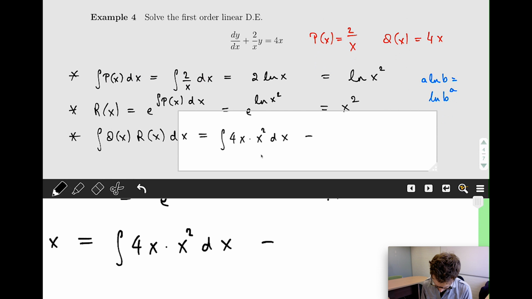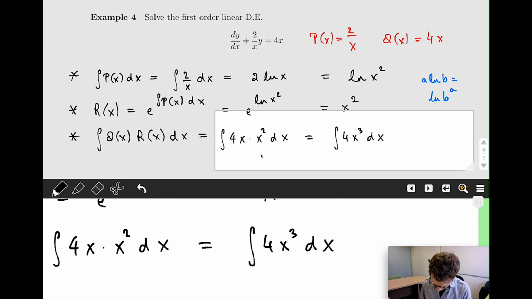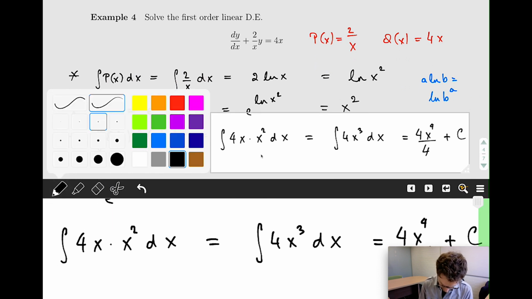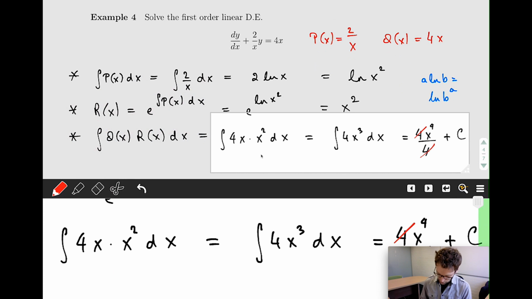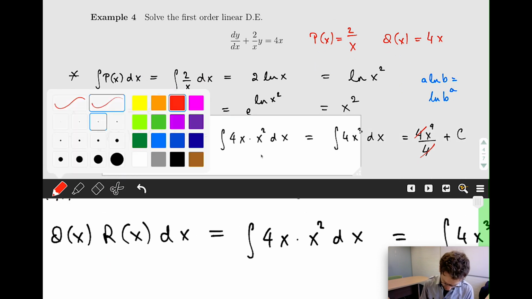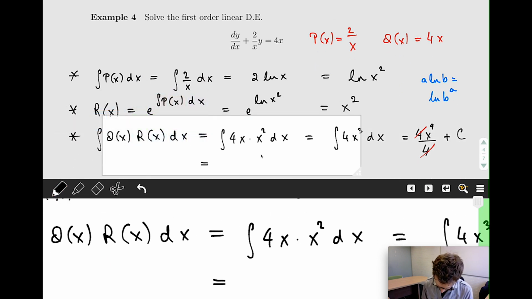So this whole thing is equal to the integral of 4x cubed, which is 4x to the power of 4 over 4, and I am going to include a constant of integration, c. We get cancellation of those factors of 4, so we find that this integral is equal to x to the power of 4 plus c.